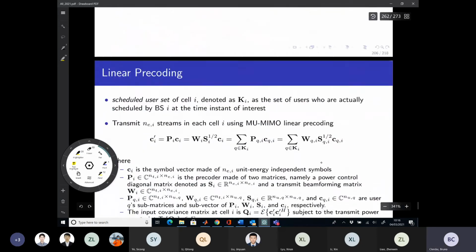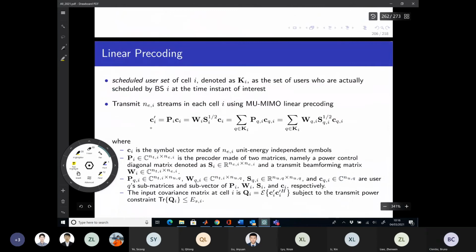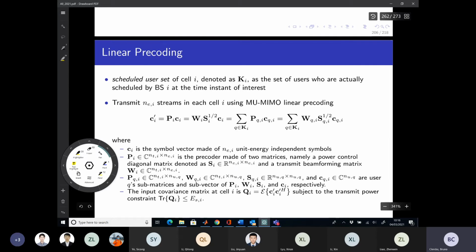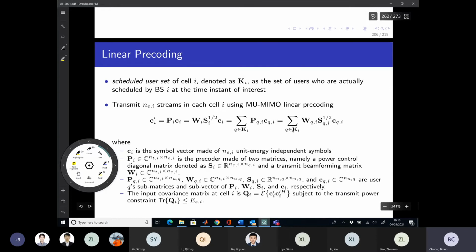If you have linear precoding, then my Ci prime is Pi multiplied by Ci. Ci is the vector of symbols that I want to transmit to all my users in cell I, and I precode them. This can be written as a sum over a subset of the users I want to transmit to. So Ki here is the set of users who are actually served by cell I at a certain time instance.